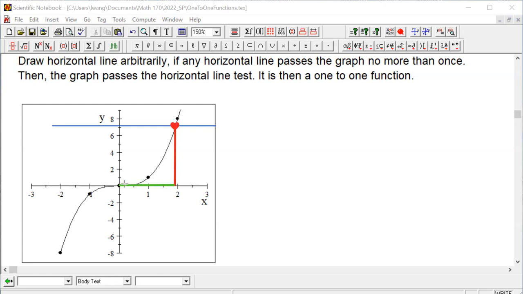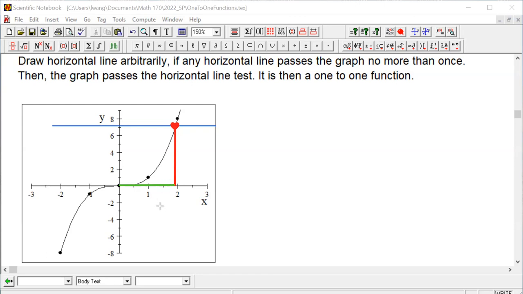If I put another, there's no other input that will give us exactly the same output.